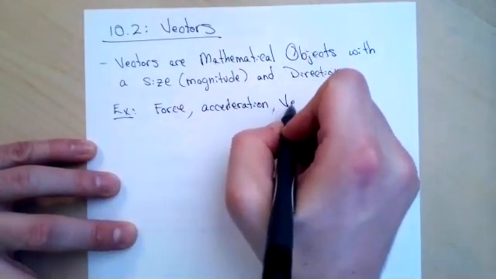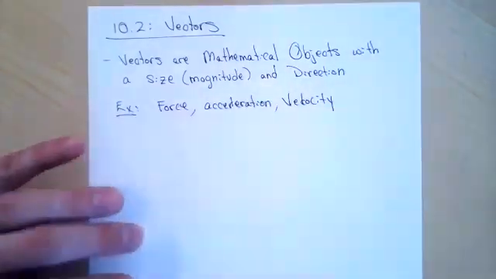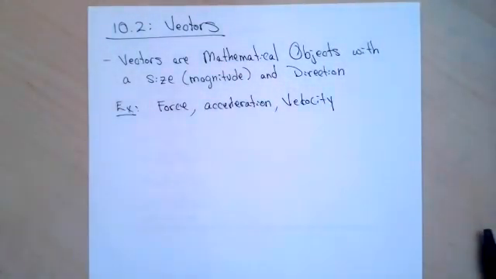Velocity is another good one. And you hear these all the time. These come up in the news and sports. People will talk about vectors, but of course, being real world situations and whatever games or things that we're playing or however we see them, people don't often describe them as vectors.